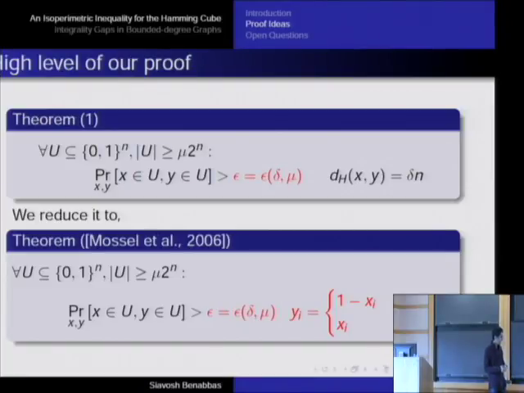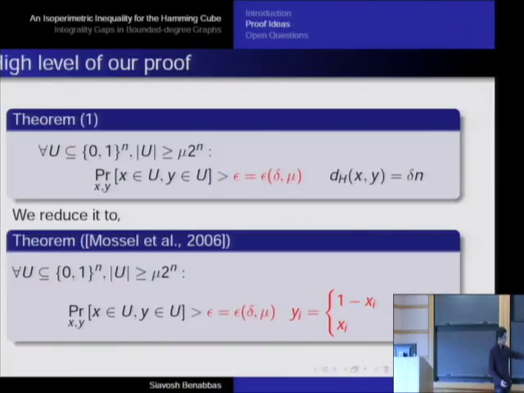Okay. So then this probability here, as it turns out, was studied before. It was studied by Mossel, O'Donnell, Regev, Steif, and Sudakov. They basically showed exactly the parallel of the theorem we are interested in this regime.